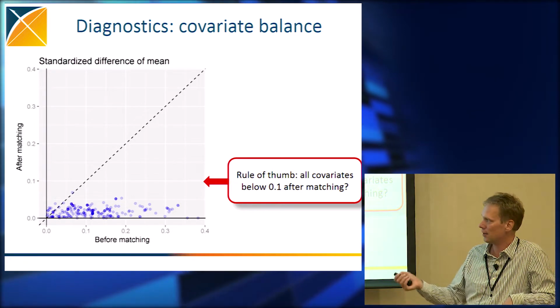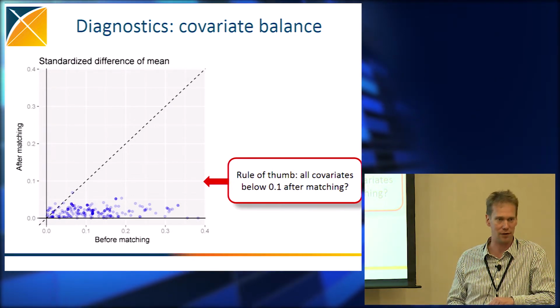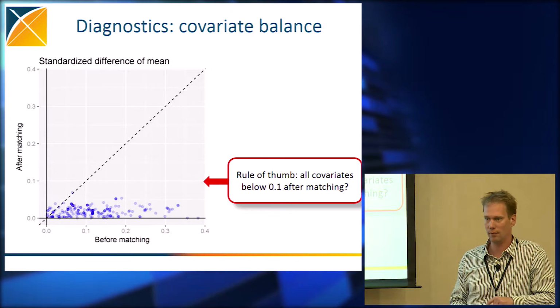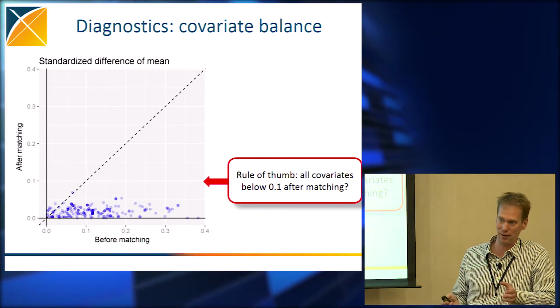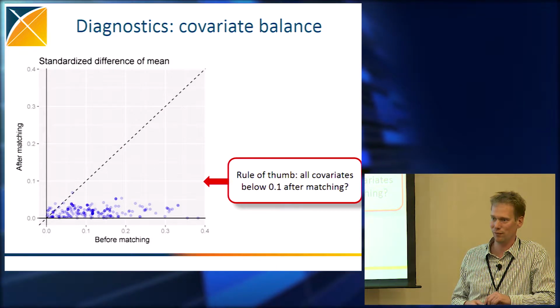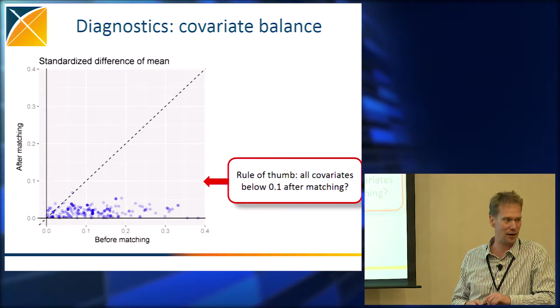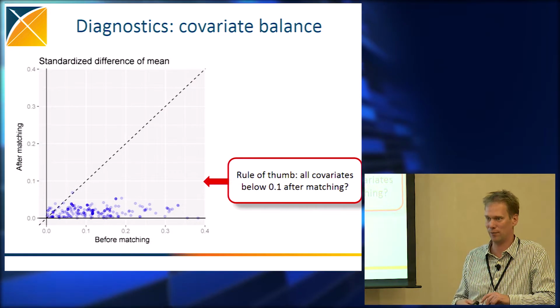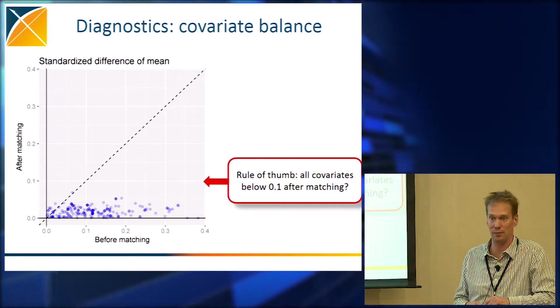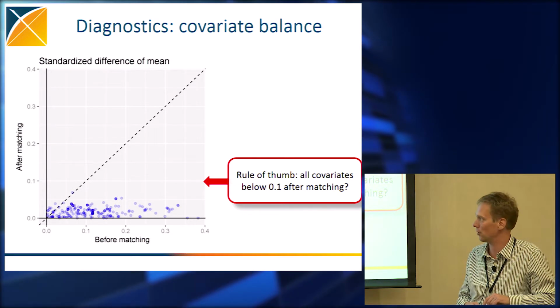In this case, we are balanced on all the covariates that we had in the model. If you see that there are a lot of things that are out of balance, then you need to worry about what's going on, and maybe stop this analysis before going any further and making wrong inferences, because there is a large chance that you'll be confounded in your results.